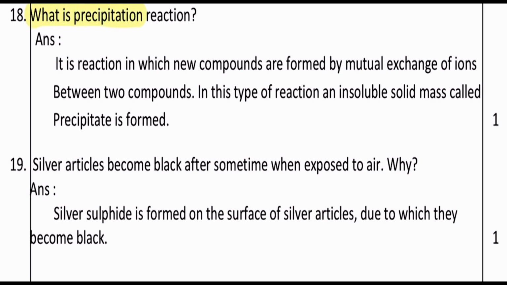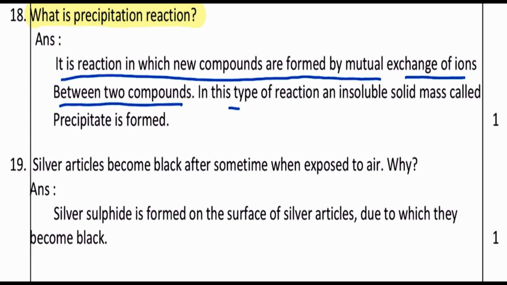What is a precipitation reaction? Answer, it is a reaction in which new compounds are formed by mutual exchange of ions between two compounds. In this type of reaction, an insoluble solid mass called a precipitate is formed. Or you can simply write it as a reaction in which an insoluble solid known as the precipitate is formed. It is called a precipitation reaction.